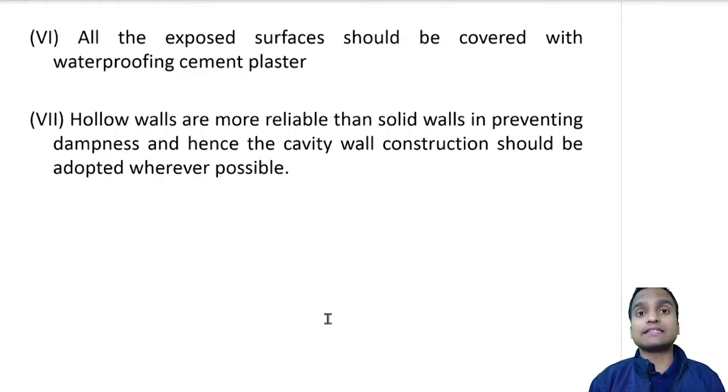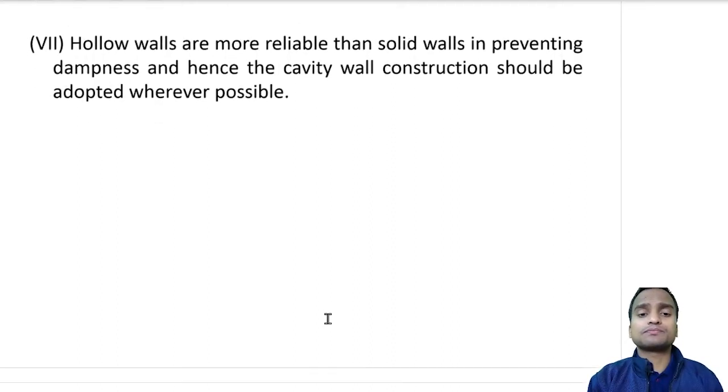We can use AAC block. In an AAC block, you will see there are cavities inside the block itself, or in a cavity wall we make two walls with a cavity left between them. These types of walls you must have read about in building construction also.